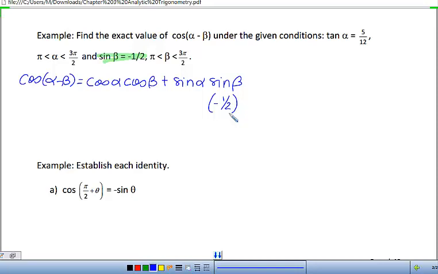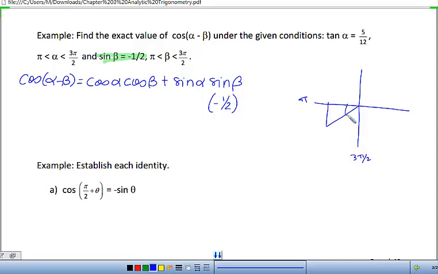However, we can find everything else using the information that we got. Let's go ahead, since we're talking about beta, draw the triangle for angle beta, which it says is between pi and 3 pi over 2. So it's going to be in quadrant 3. And we know that sine of beta is negative 1/2.